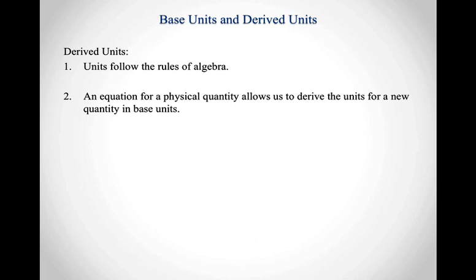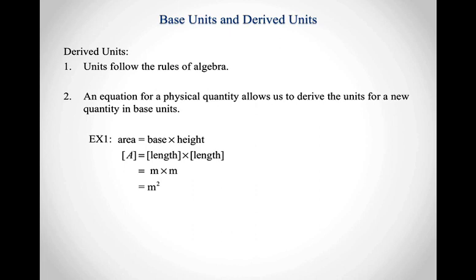So as an example, if I want to think about the physical quantity of area, well, I have an equation for area that says the area is the base times the height. Notationally, when we use these little square brackets, that notation means that we're talking about the units of a particular quantity.